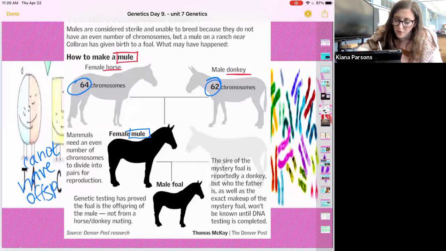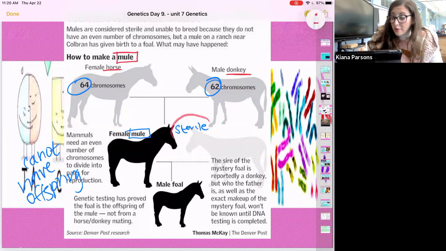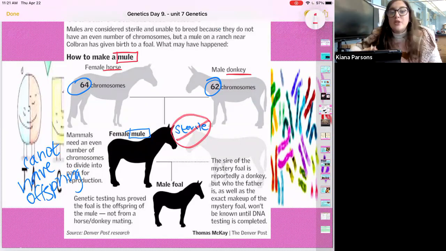So all mules are sterile, which means yes, they did produce an animal, but it can't have any more babies of its own. And again, this is a situation where if a female horse and a male donkey had sex and the female horse was to get pregnant, they could actually produce this baby, this mule.